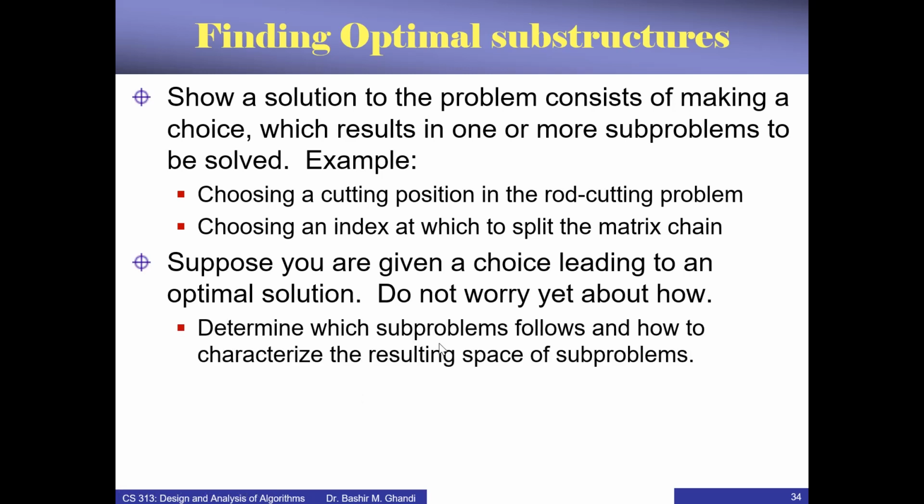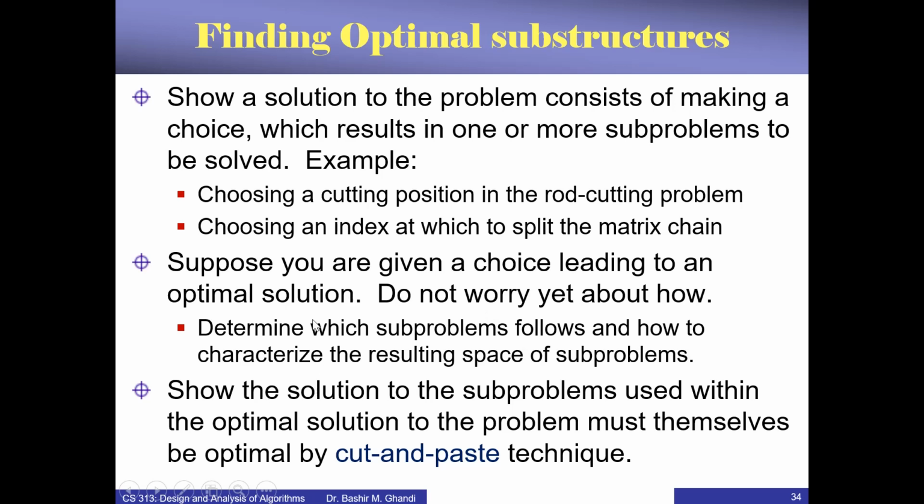This is the idea. Determine which subproblems follow and how to characterize the resulting space of subproblems, usually ordering them from the smallest to the largest, so that you can utilize, for example, the bottom-up approach.